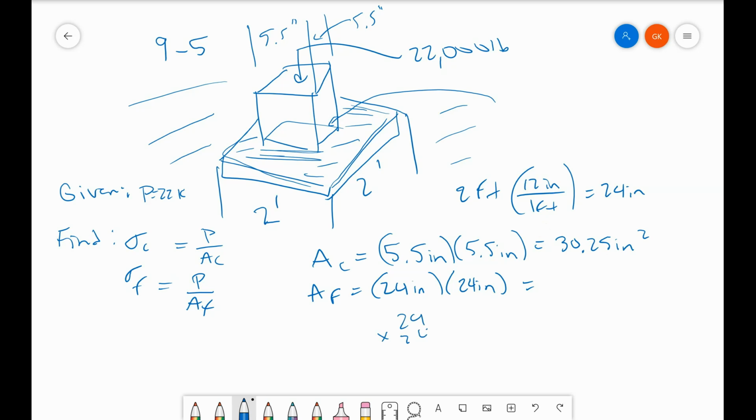Okay, I don't have my calculator with me right this second, so I'm having to actually do some long multiplication. Not fun. Okay, so with that, it should come out to 576 inches squared. If I've done my math right, don't hold me to it.